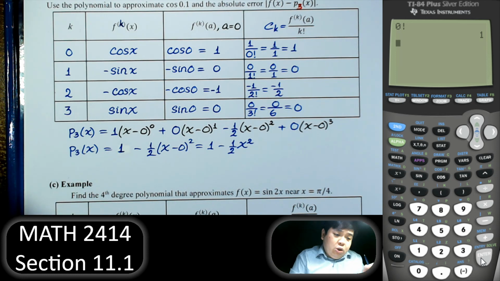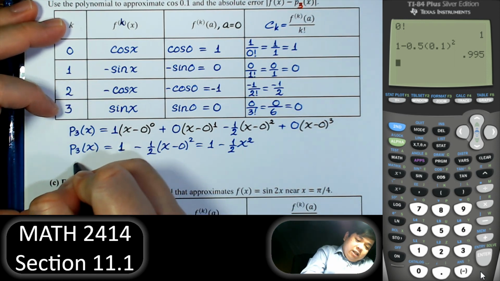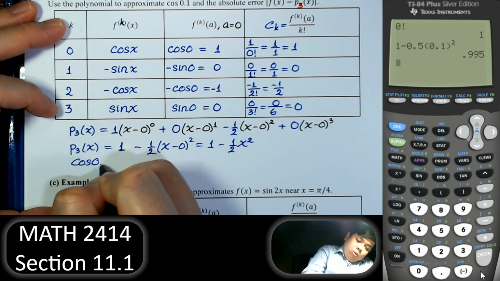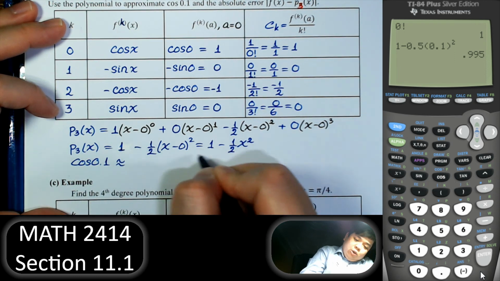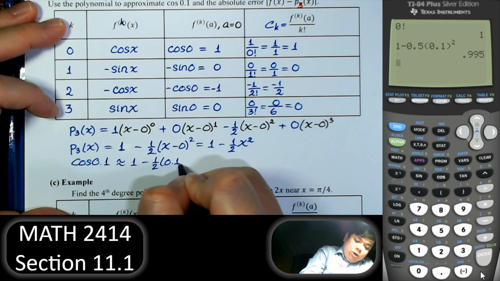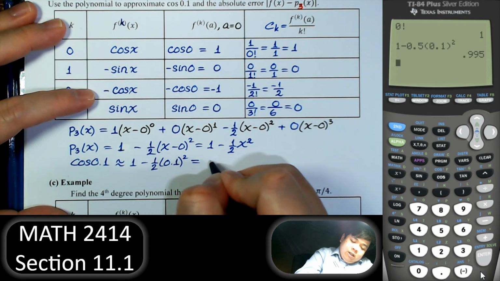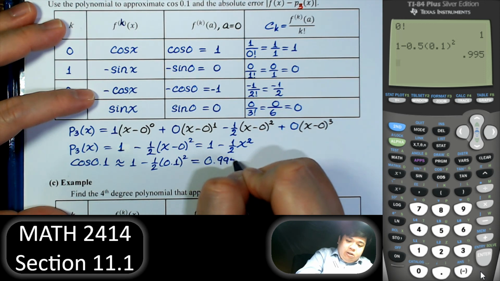And we're going to use this to approximate cosine of 0.1. So we have 1 minus 1/2 of x, which is 0.1 squared. So we will say cosine of 0.1 is approximately equal to 1 minus 1/2 times 0.1 squared, and we have 0.995.